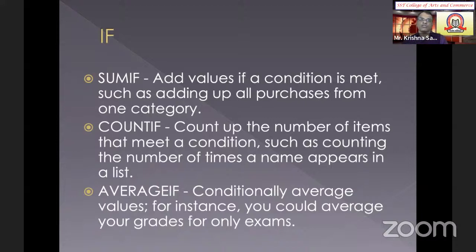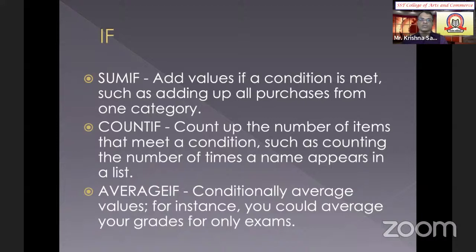Then COUNTIF. Actually, SUM means it is going to do the total, and COUNT means counting the numbers. How many numbers are there? Count the number of items that meet the condition, similar to SUMIF. So I can count how many times I purchased more than 50,000, such as counting the number of times a name appears in a list.